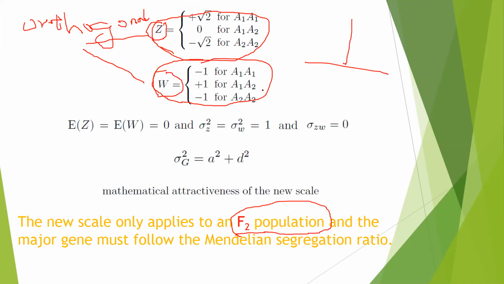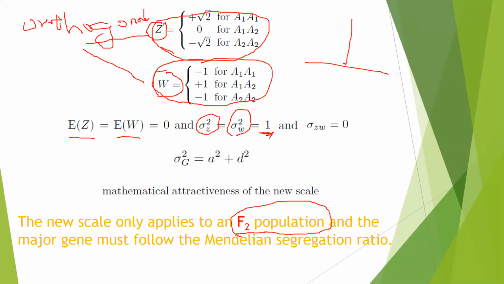When this is true, you still get the feature that the expectation of z equals 0, and so is the expectation of w. Another very beautiful feature of this design is that the variance for both z and w equals 1. This is a very standard, beautiful design, right?